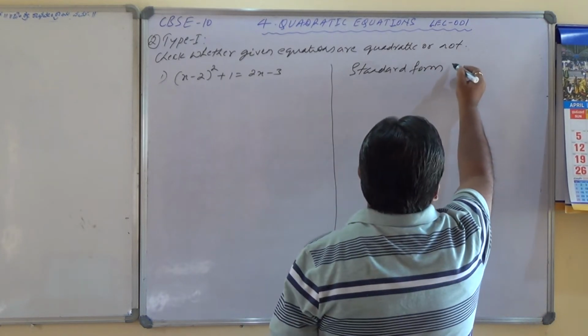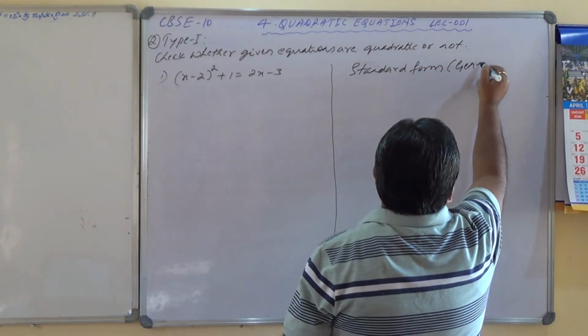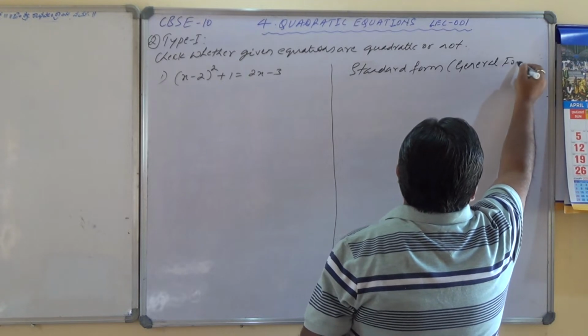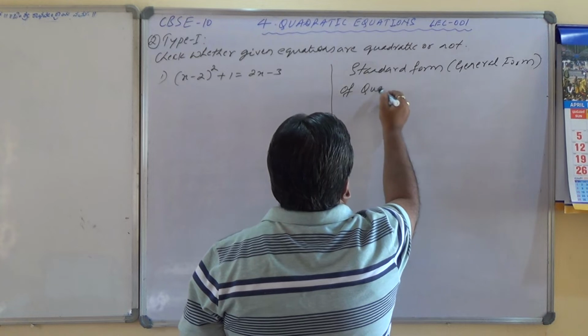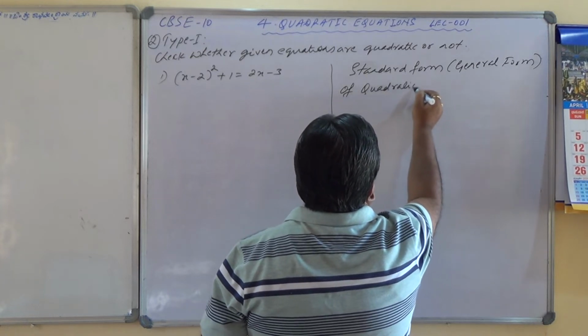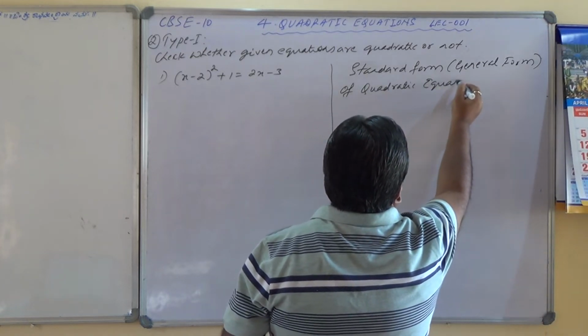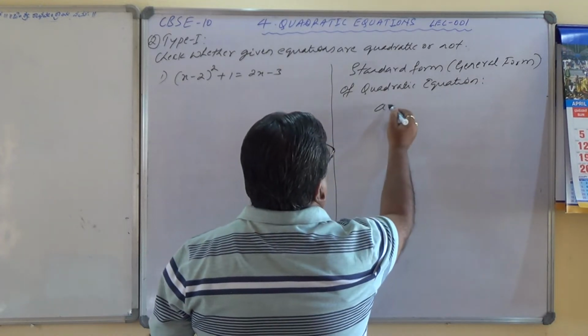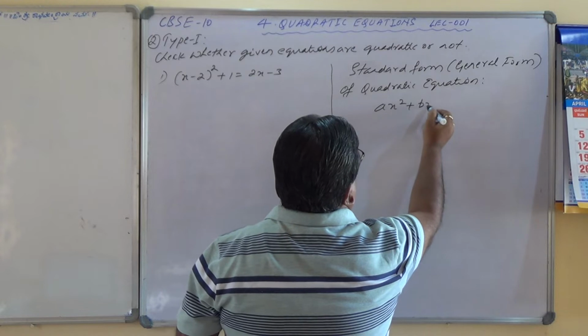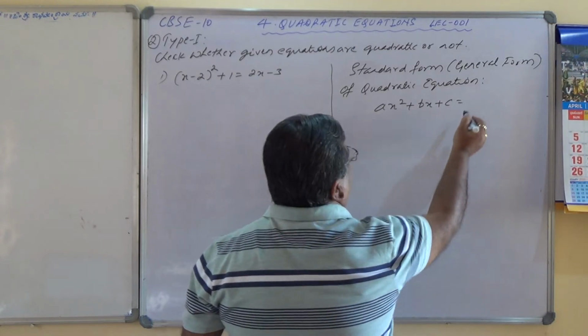Standard form is also called the general form. General form of a quadratic equation: ax square plus bx plus c equals 0.